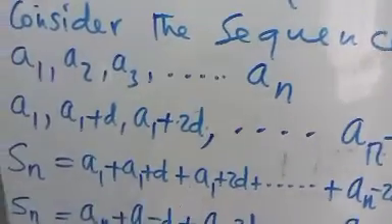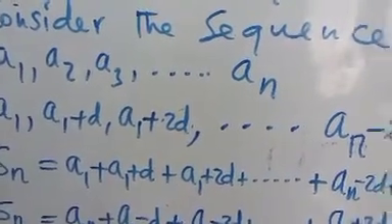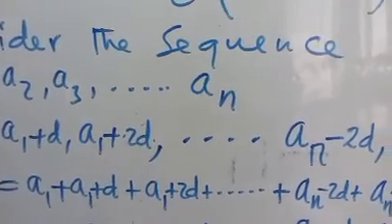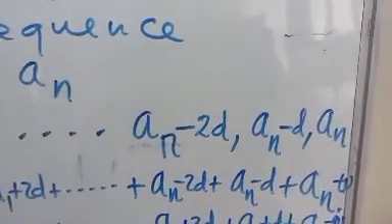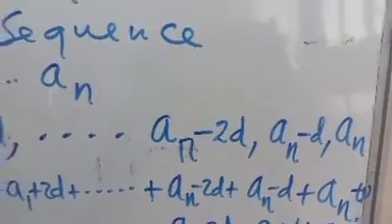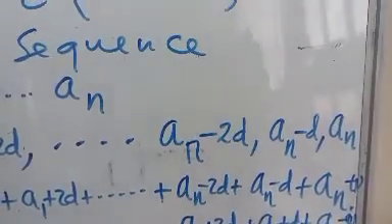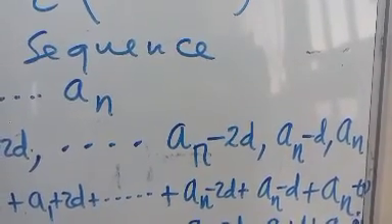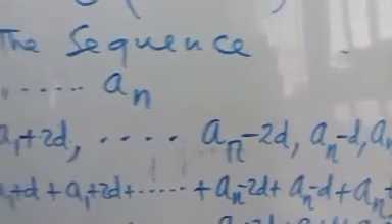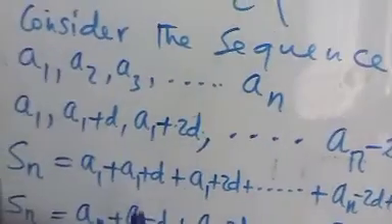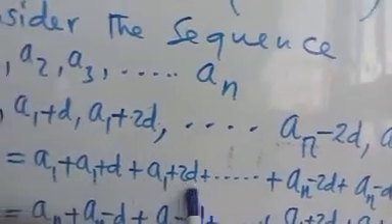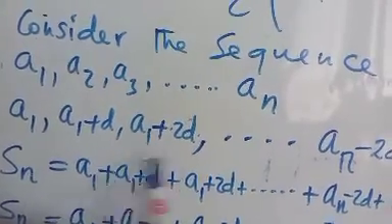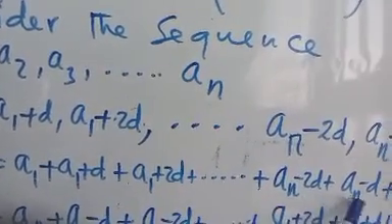So here we are just adding them up to the last term to get the sum of the n terms, and there we get the first equation. We will call it equation 1, where we have added the terms from the first to the last one.